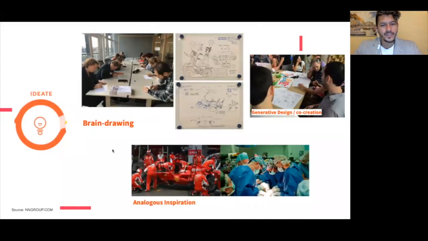Okay, so some techniques: brain drawing, generative design, analogous inspiration, which is just taking inspiration in other kinds of situations that have elements similar to the problem that you're trying to solve, but are completely different industry, completely different problems. Brainstorming sessions, heaps of techniques here that you can use to ideate, okay?